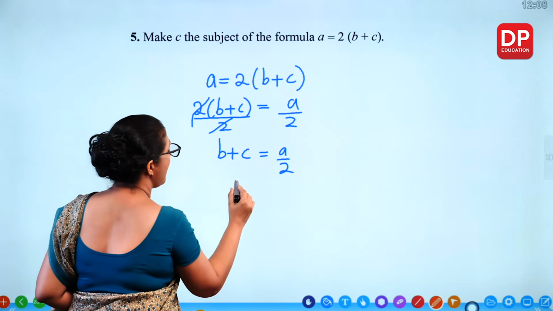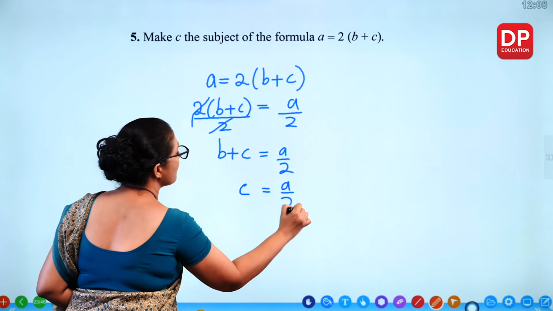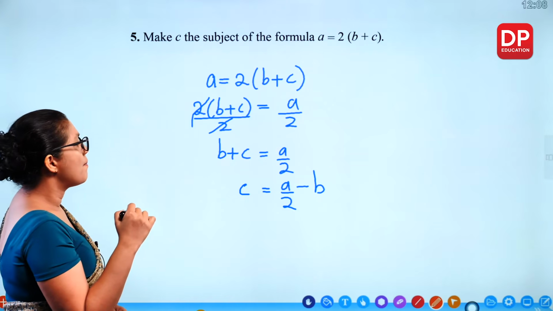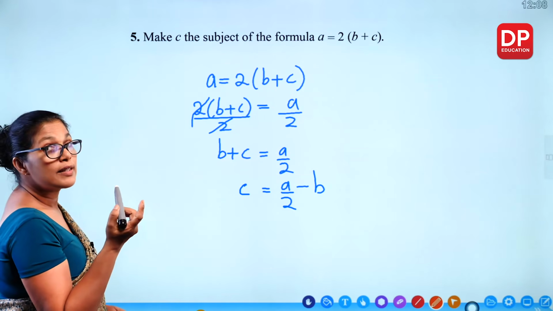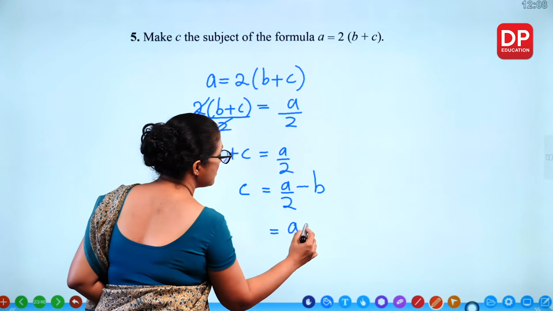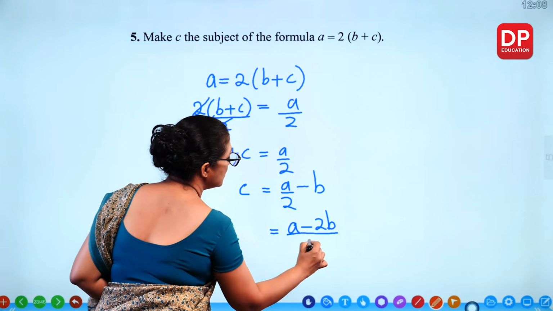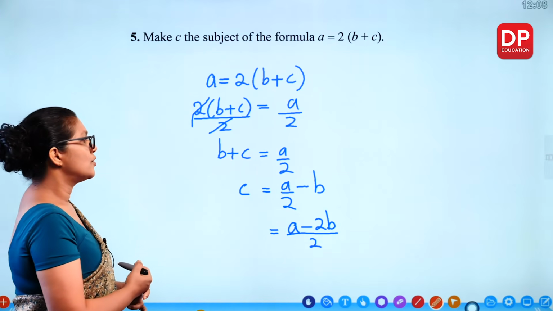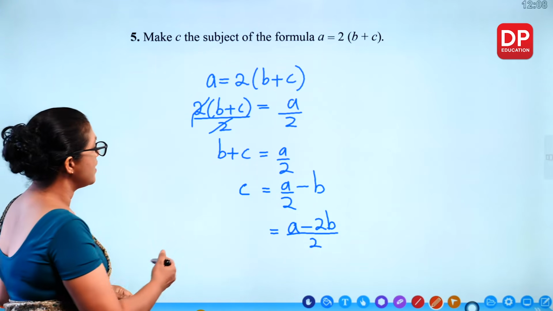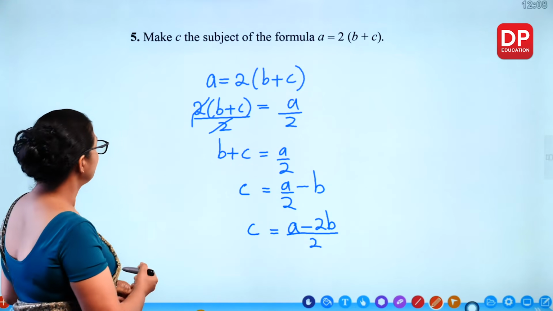Keep c here and subtract b. So when you take b to the other side, this becomes minus b. If you want the common denominator, I can rewrite this as 2b over 2. So convert b to 2b over 2 and rewrite c as a minus 2b over 2.